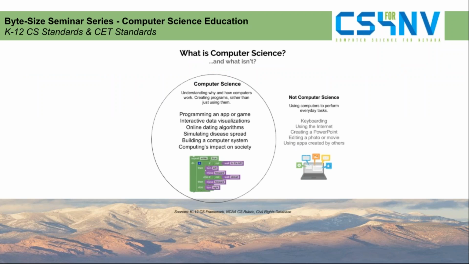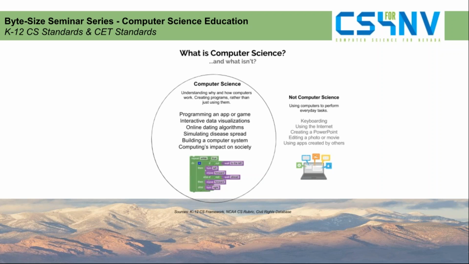I usually get this question: what is computer science? I thought we already had it. That's what this half-credit course is. And so hopefully this slide will make that distinction: computer science is understanding why and how computers work, creating programs rather than just using them. So it's the actual application and foundation of what's going on under the hood, if you will.